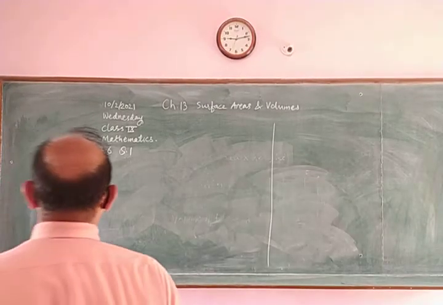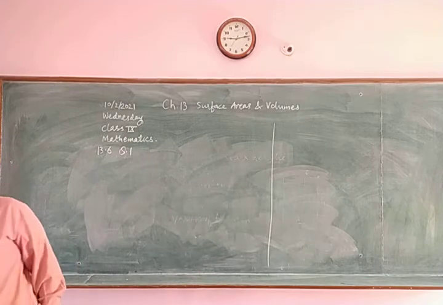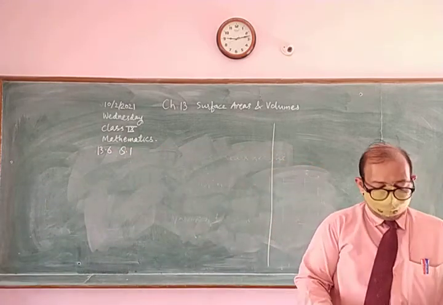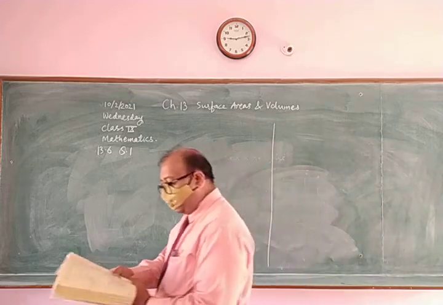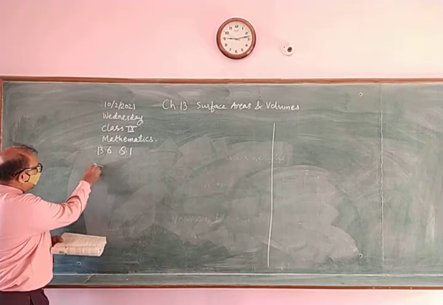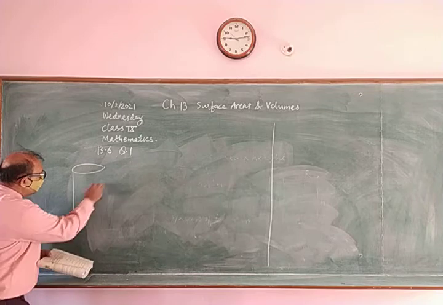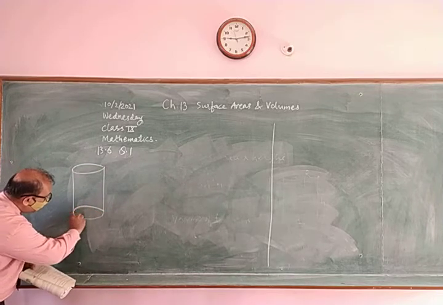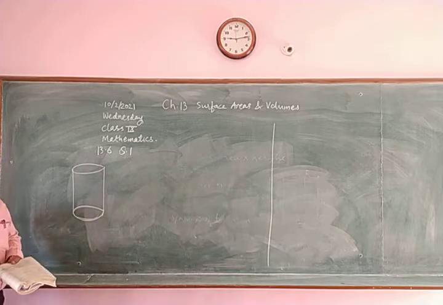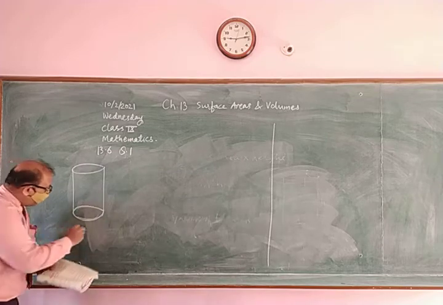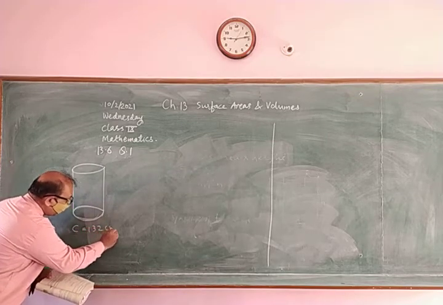Now we solve question number 1 of 13.6. It is the circumference of the base of a cylindrical vessel. The circumference is equal to 132 centimeter.